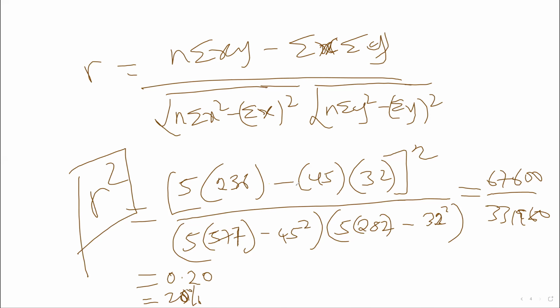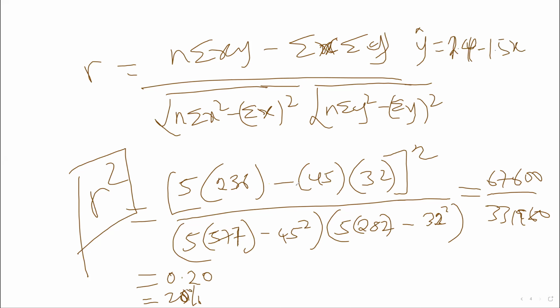We did not even compute the beta naught and beta 1. So I'm assuming we've done this regression. This regression is about cost and miles.